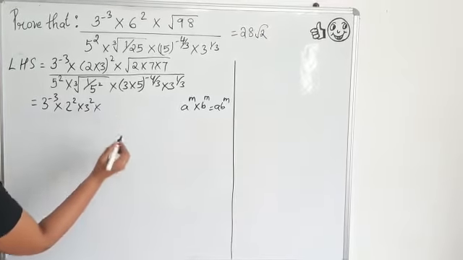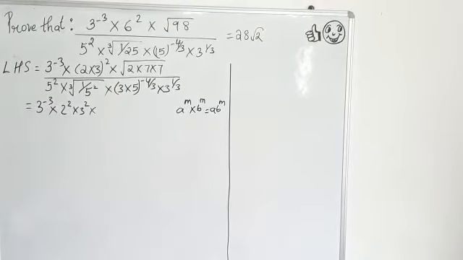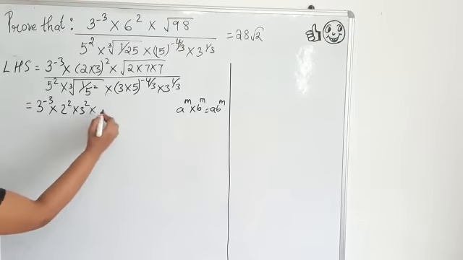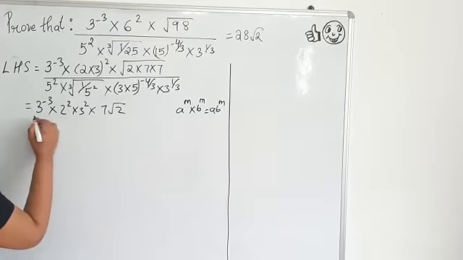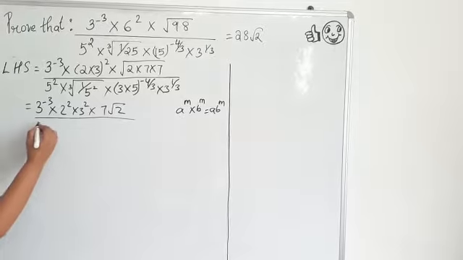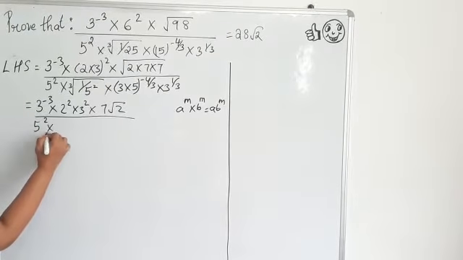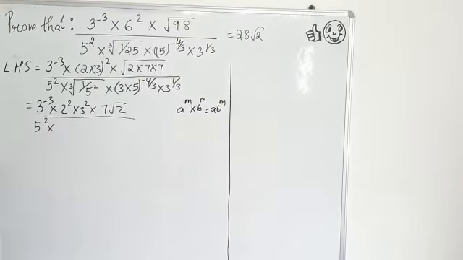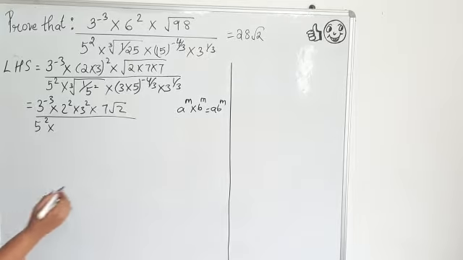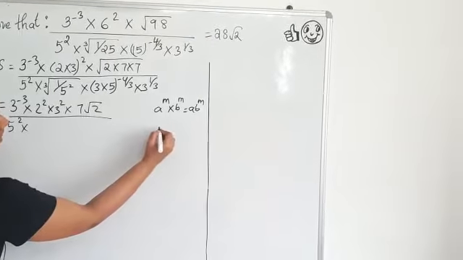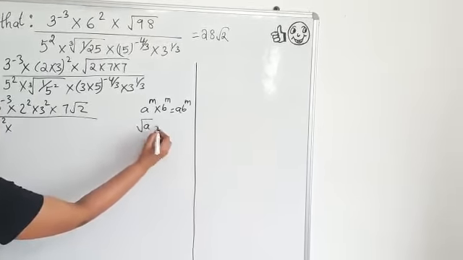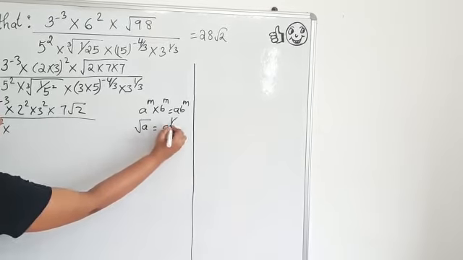So into, if I take square root of 2 into 7, it will become 7 root 2 divided by 5 square into cube root of 1 by 5 square. If I take root of a, it can be written as a power 1 by 2.